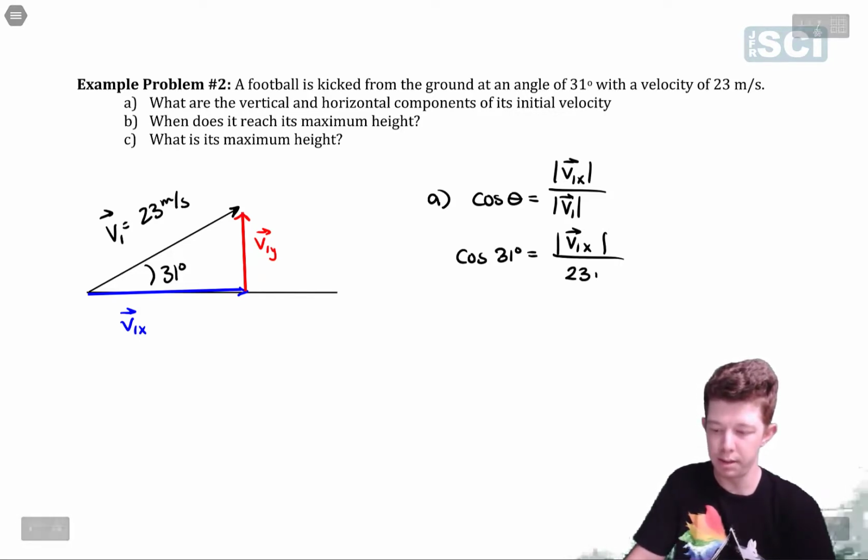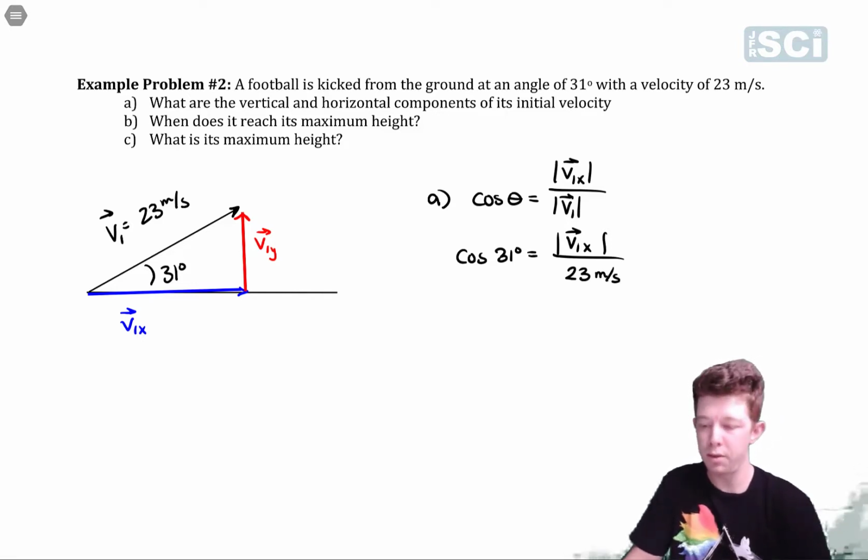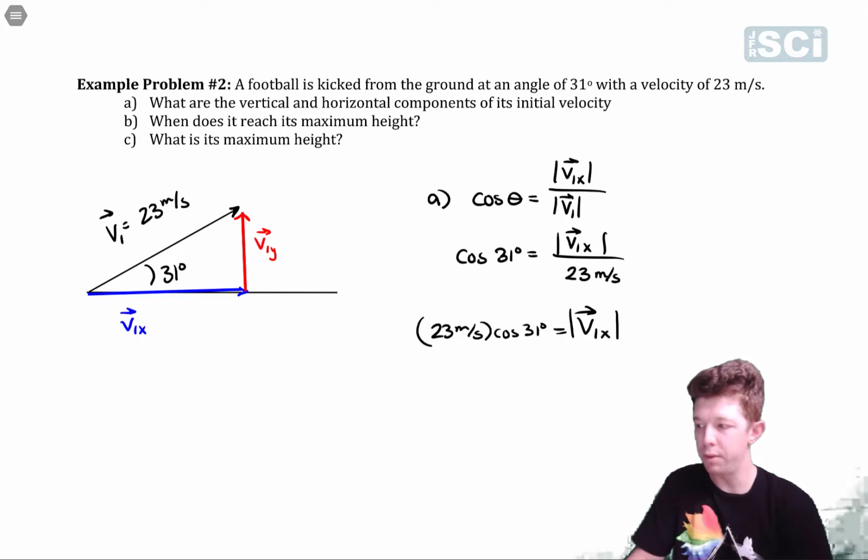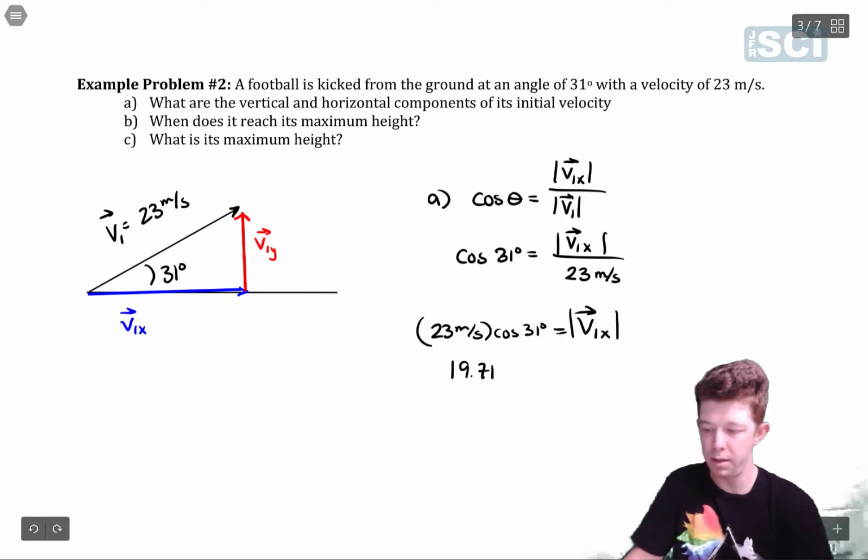And so I can say meters per second. So if we multiply both sides by 23 meters a second, I get 23 meters a second multiplied by cosine of 31 degrees. That gives me v1x magnitude. So working that through, I get an answer of 19.71 meters a second, and that is my speed in the x direction.